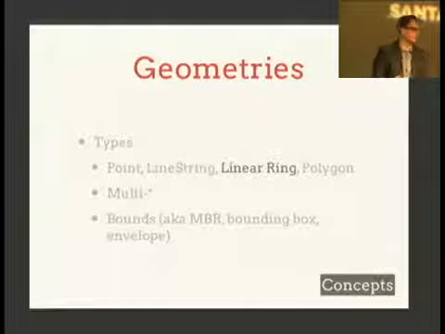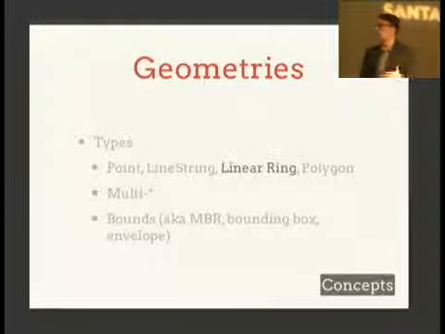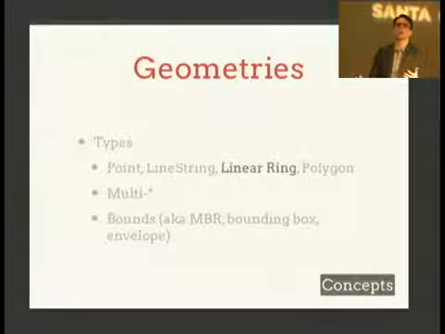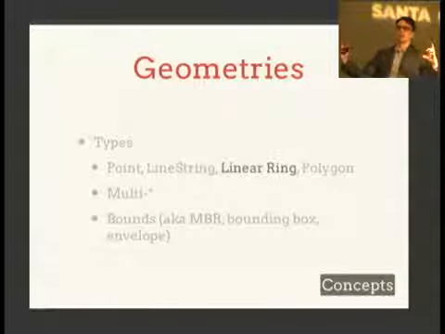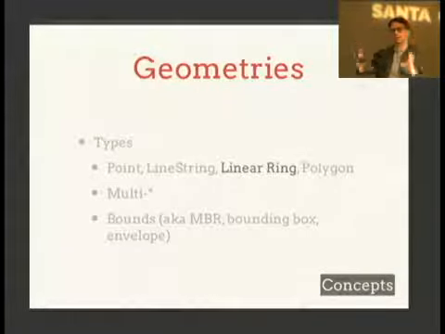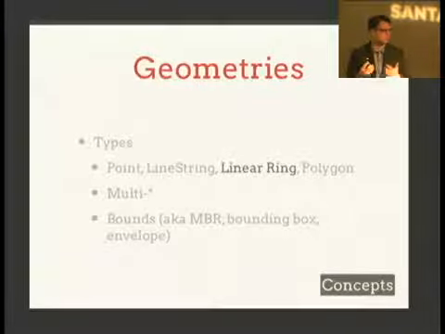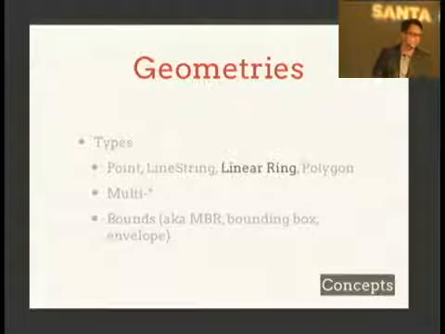It's also known as a contour. The reason they're important is that linear rings comprise polygons. So a polygon is an exterior, which is a linear ring, and maybe has 0 or more interior linear rings. There are also some other configurations, but that's the general idea.